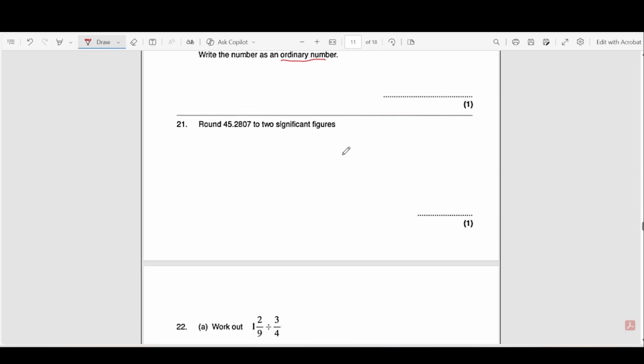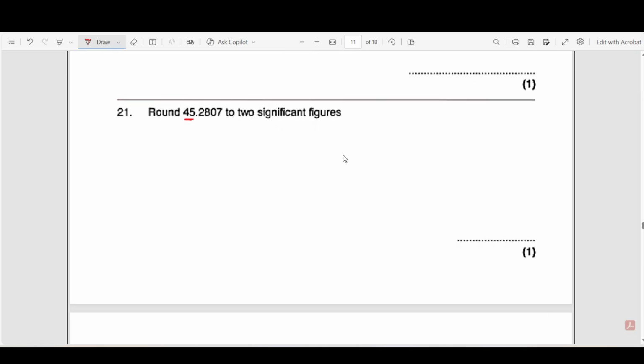Now we have the next question. Round this number to two significant figures. First we identify the significant figures. The rule for significant figures is that all non-zero digits are significant. The first two significant figures are 4 and 5, as you can see here.